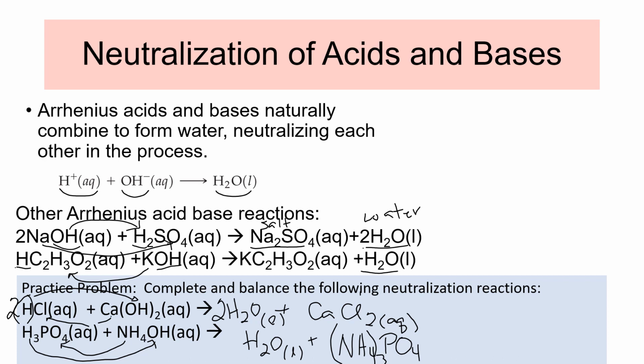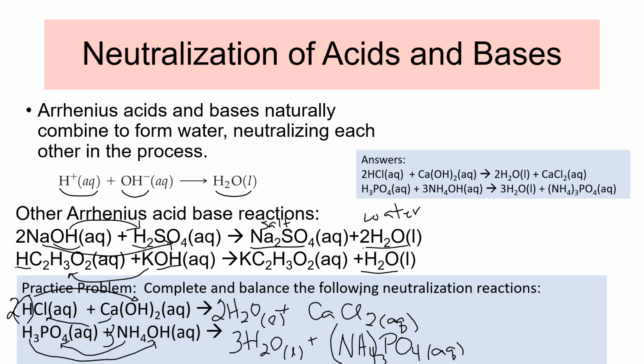And then this one is aqueous, and to balance it, we have 3 H's, so we're going to need 3 hydroxides, and we'll get 3 waters. So neutralization, it's the same as what we saw in the reaction chapter, and here they are written out a little more clean.